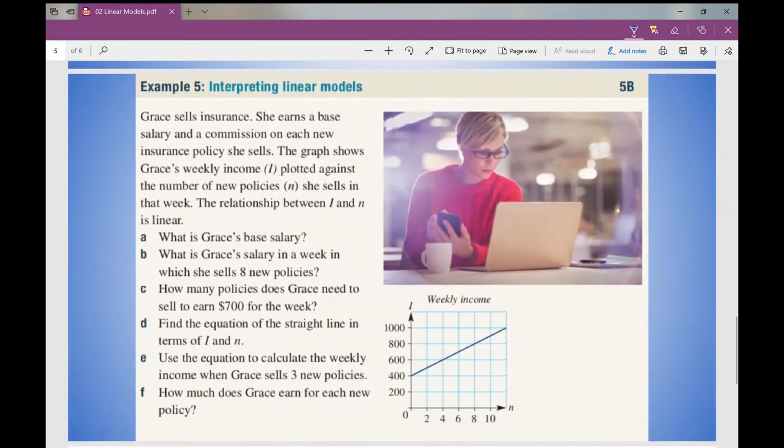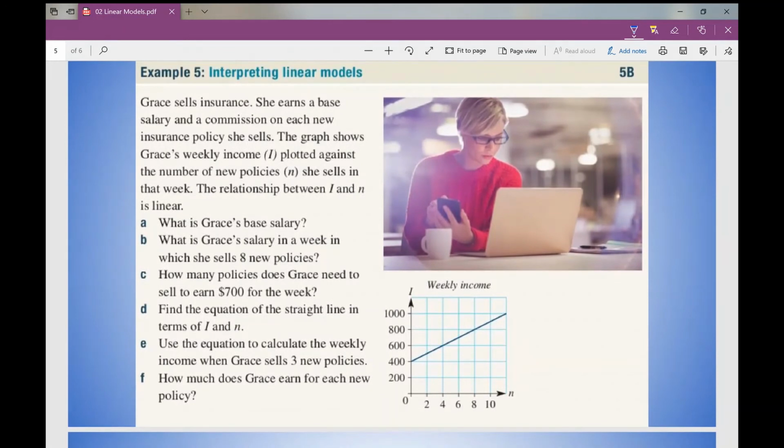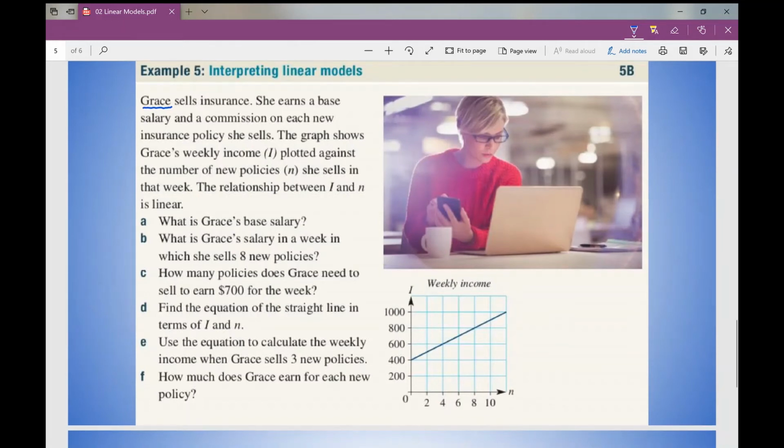Another example here. This graph that we've been given here shows us what Grace earns every week. If she sells 0 new policies, she gets $400 here.